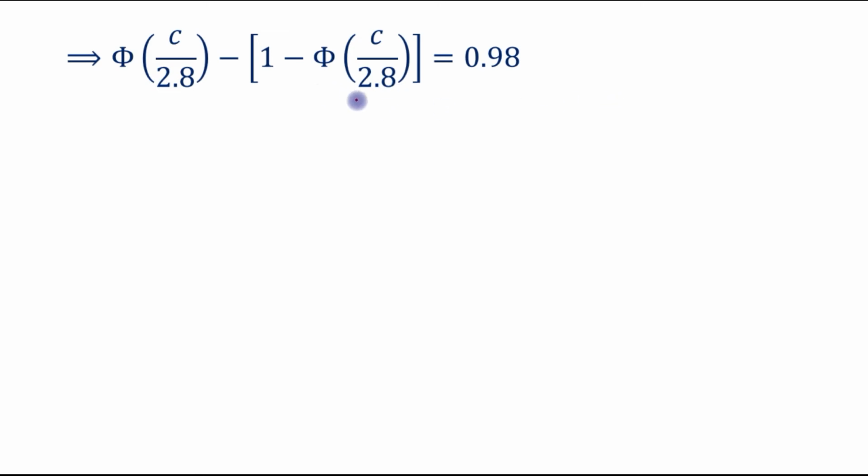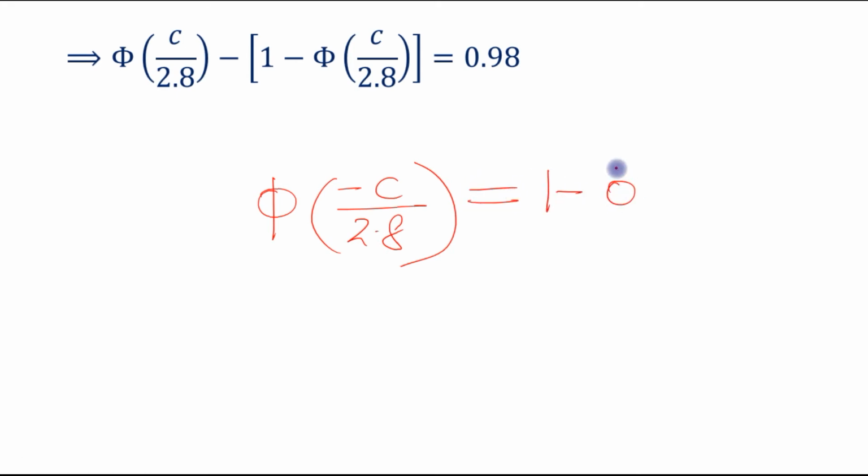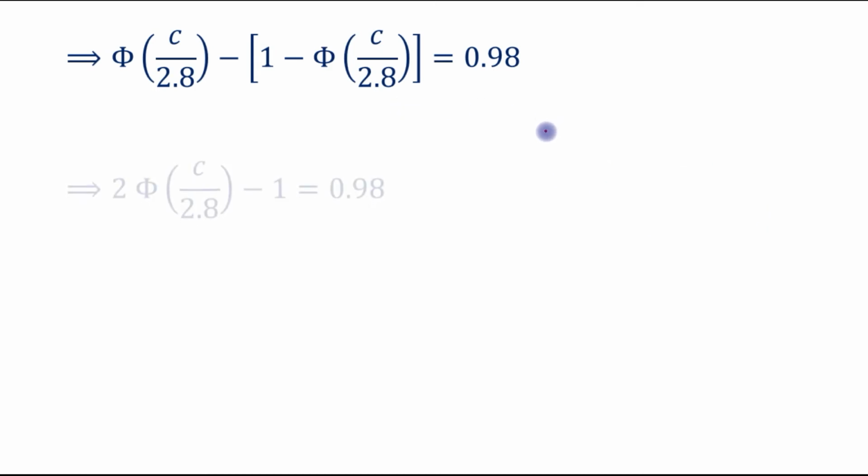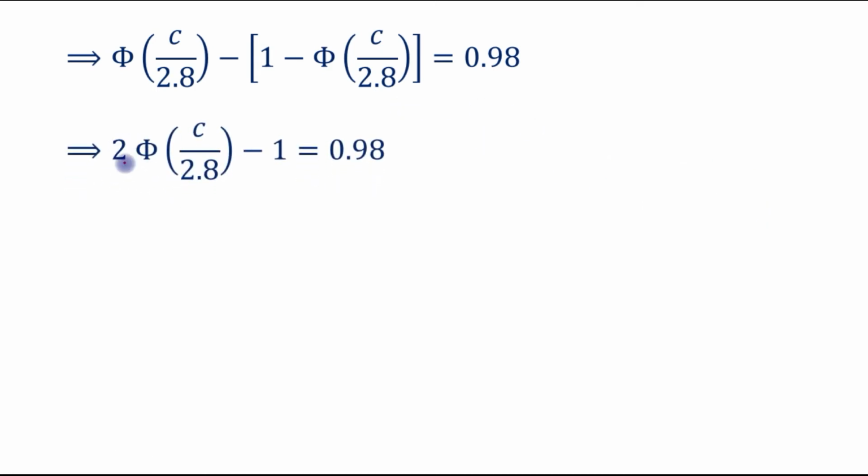Because phi(minus c upon 2.8) can be written in this form, this will become 2 times phi(c upon 2.8) minus 1 equals 0.98.